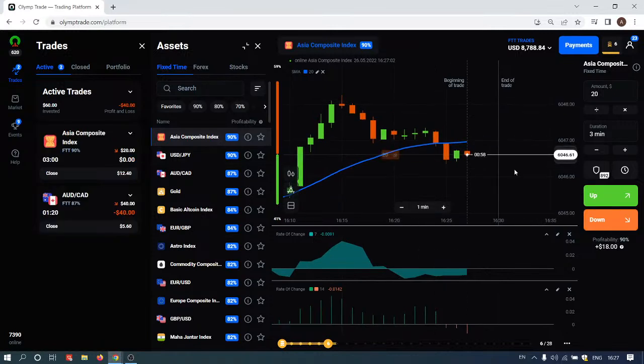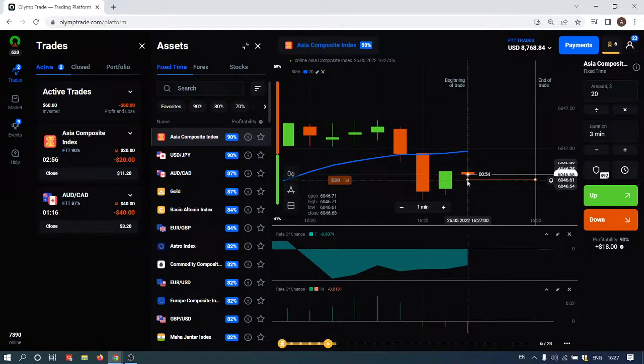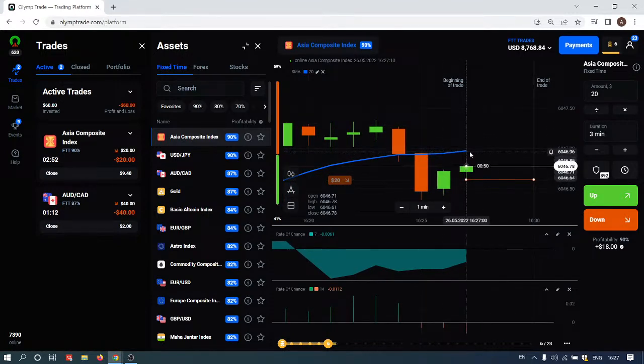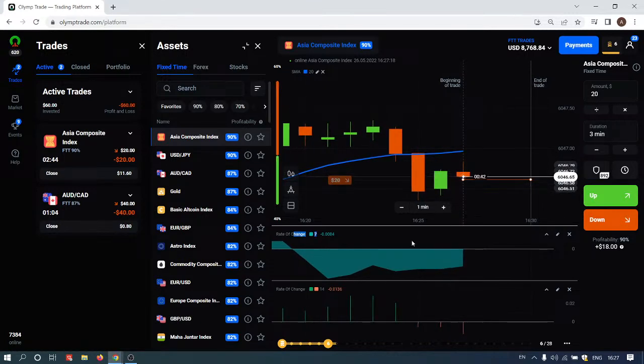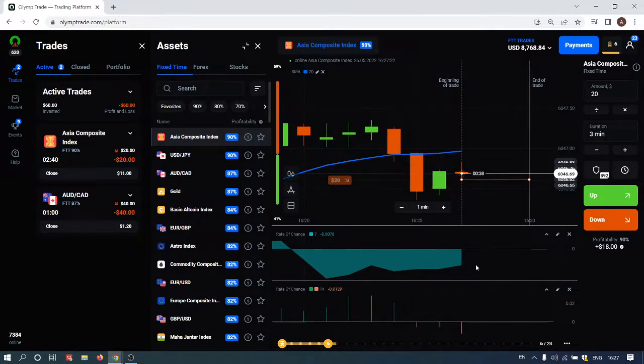All right, let's try Asia Composite Index. We are currently trading under the 20 SMA, so the 20 SMA is right above the price. Next, we have the 7 ROC, the rate of change with a period of 7, which is under the zero line.